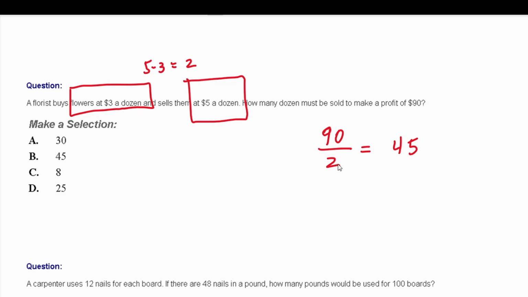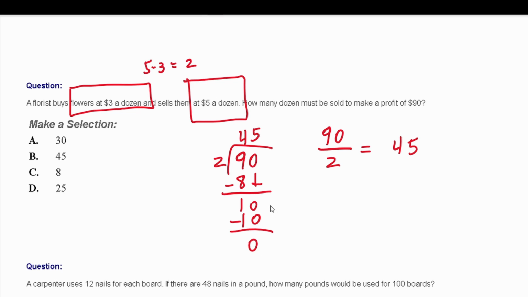That said, let's say you didn't know what that was. You can write this out as 90 divided by 2. 2 goes into 9 4 times without going over. 4 times 2 is 8. 9 minus 8 is 1. We drop down this 0. 2 goes into 10 5 times evenly. 2 times 5 is 10.